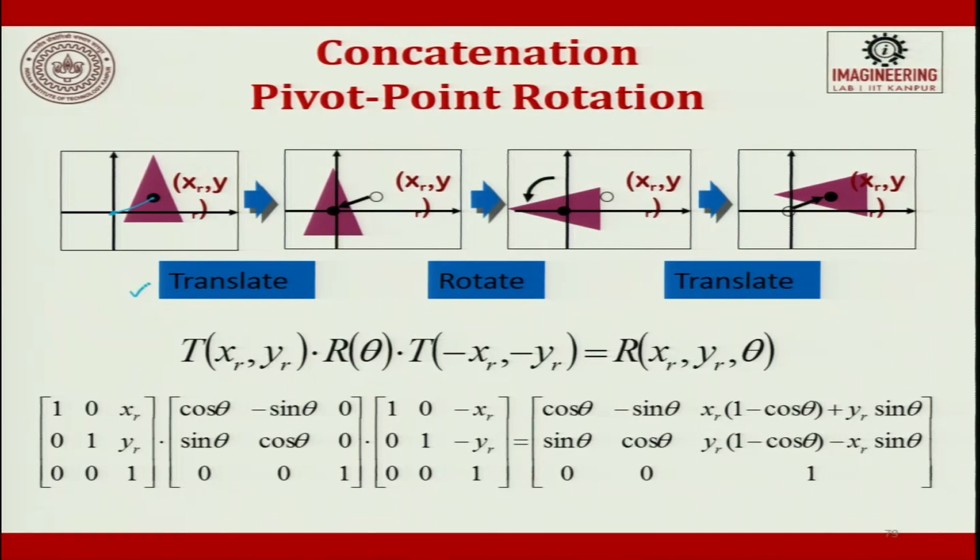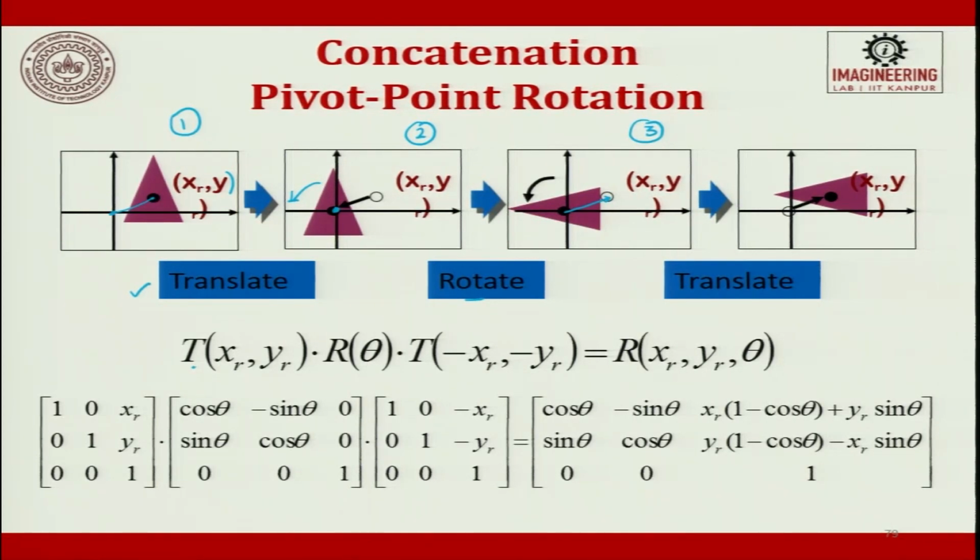That is translation. After it is moved to the origin, we rotate it. That is the next step, and after it is rotated we translate it back to the point. So, this is the first step, this is the second step, and this is the third step. In concatenation you already know we will start solving it from last to first.